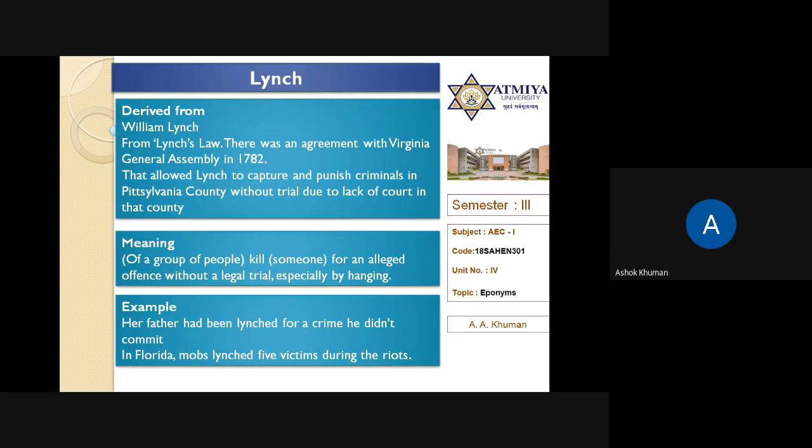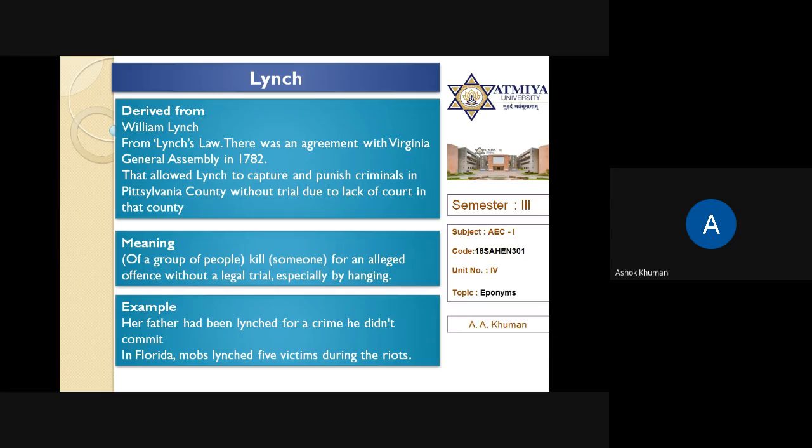In Pennsylvania there was no court, a lack of courts, and because of that, William Lynch made an agreement with the Virginia Assembly in 1782 that if anybody commits a crime in Pennsylvania, he will be killed without any legal action against him or her because of the lack of courts. So it was an agreement, and then this word came to be used all over the world.